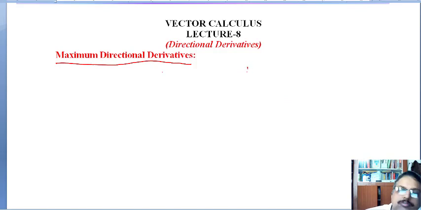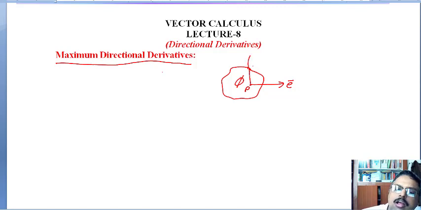Suppose we have a level surface. Phi is the level surface. In the direction of E bar, at a point P, find the directional derivative. What is the procedure? The gradient is always normal to the surface.